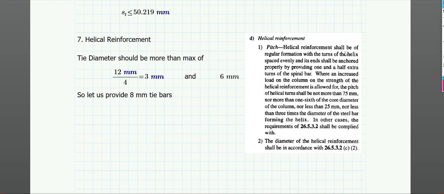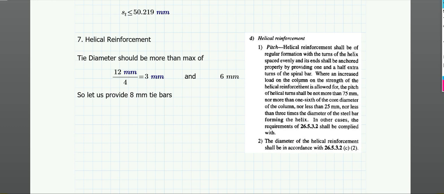Okay, the helical reinforcement shall be of regular formation with the turns of the helix spaced evenly, and its ends shall be anchored properly by providing 1.5 extra turn of the spiral bar. Okay, at the top and bottom, 1.5 extra spiral turn should be given.